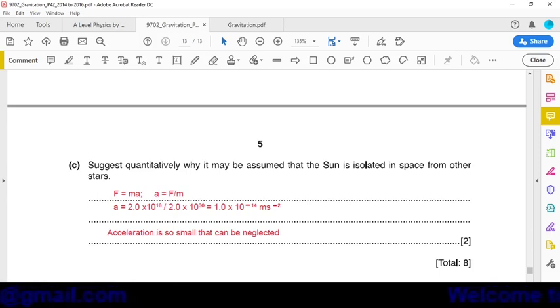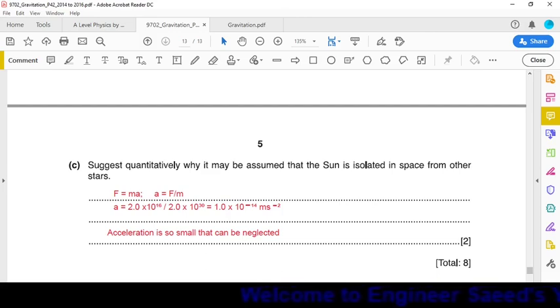And if there is no other force, then there will be no acceleration. So in other words, we have to find the acceleration. If there is a significant value of acceleration, then some other forces are acting on the Sun. If the value of acceleration is nearly zero, then we can say that the Sun is isolated. It is not attracted by any other planet or any other star.